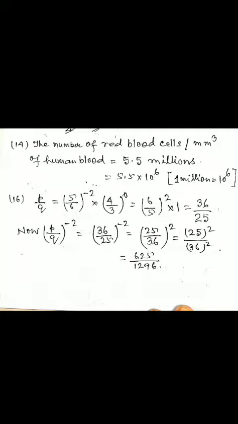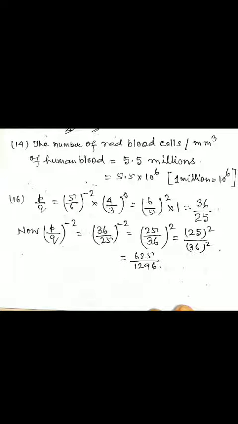Question number 14. Express the numbers appearing in the following statements in the form of k multiplied by 10 raised to the power n, where k lies between 1 and 10 and n is an integer. Write the numbers in scientific notation or exponential form.